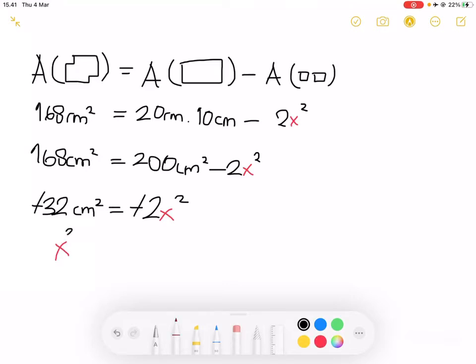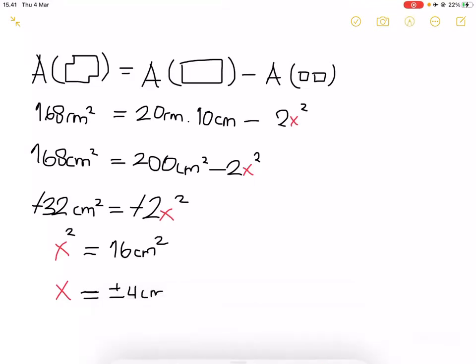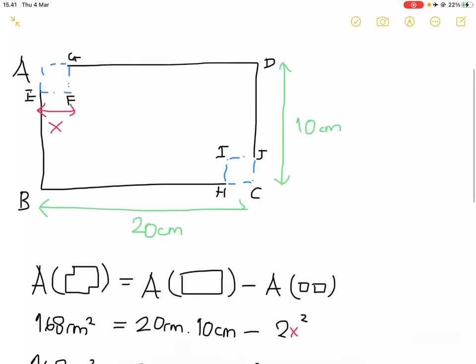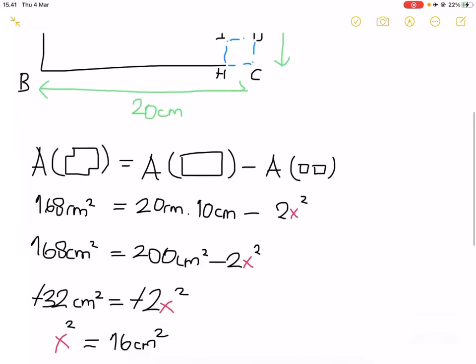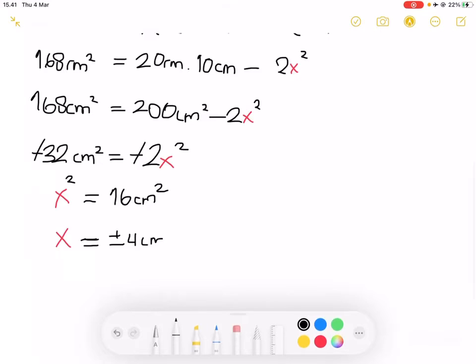Dividing by 2 on both sides, we get x squared is equal to 16 centimeters squared. Taking the square root on both sides, we get x is equal to plus or minus 4 centimeters. However, we're supposing that distances are positive, so we're just going to take positive 4 centimeters.